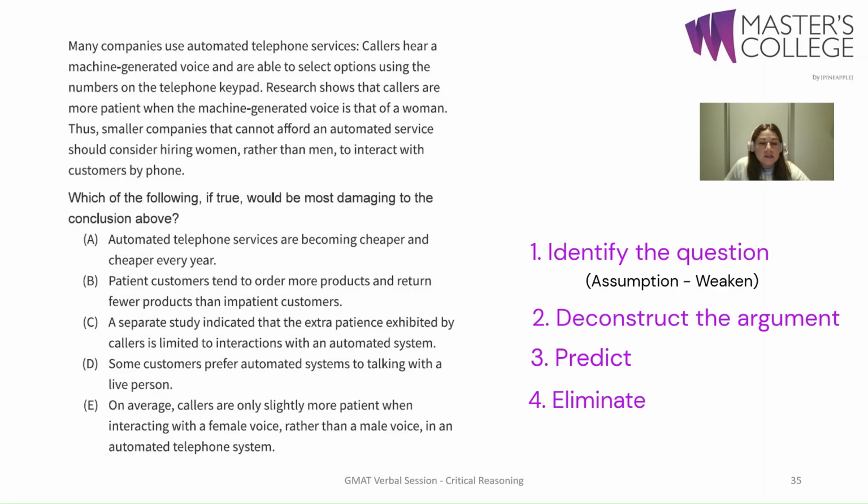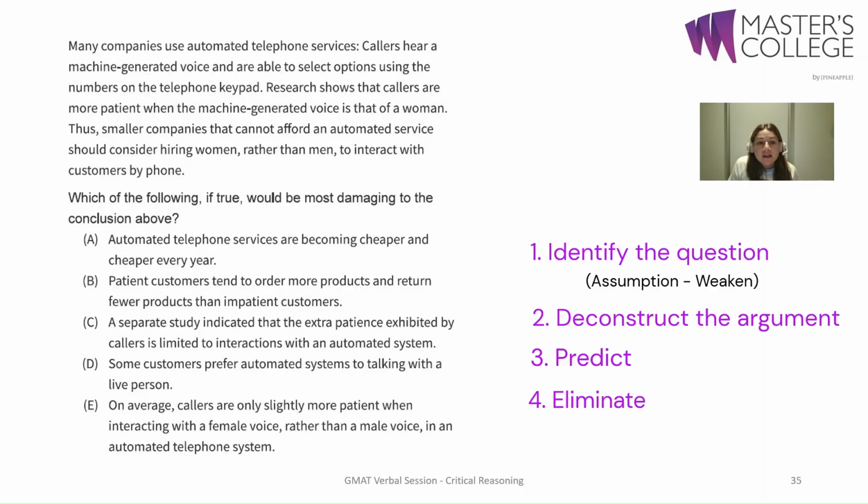C says a separate study indicated that the extra patience exhibited by callers is limited to interactions with an automated system. Okay, here we're getting closer because here we're focusing on that conclusion and on that assumption that we made, which was basically that the author is assuming that the reaction that people will have to the machine generated voice of a woman would be the same as they will have with the voice of a woman.